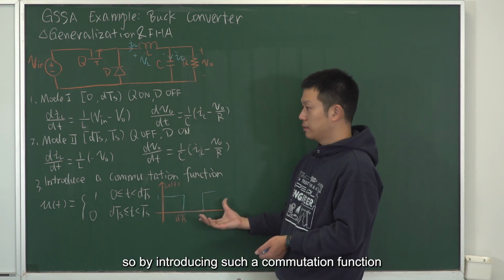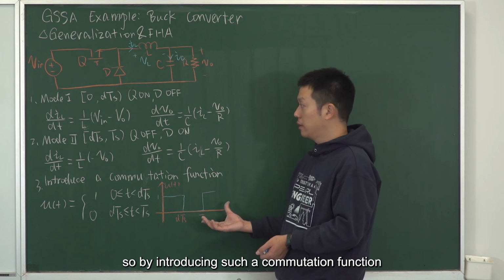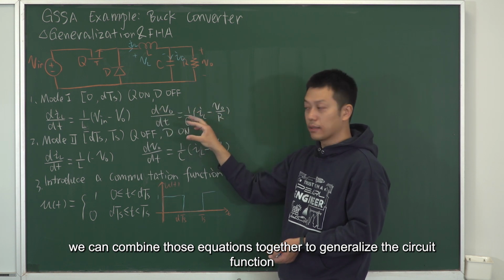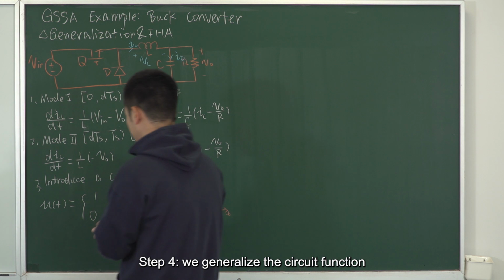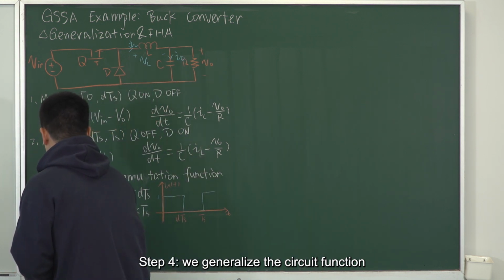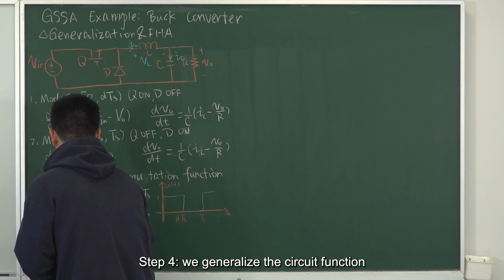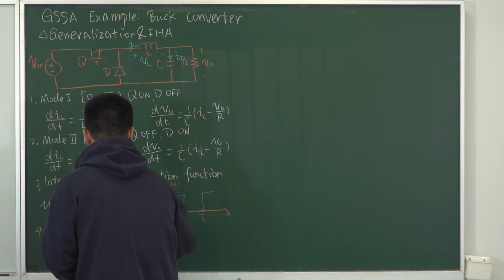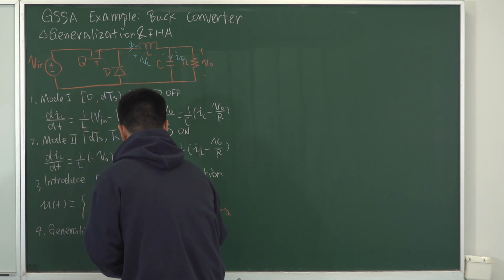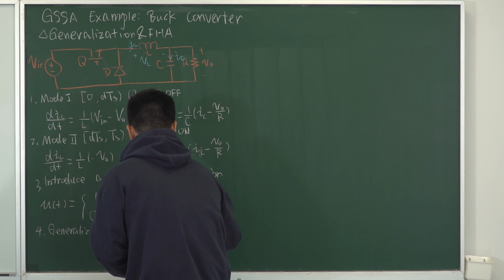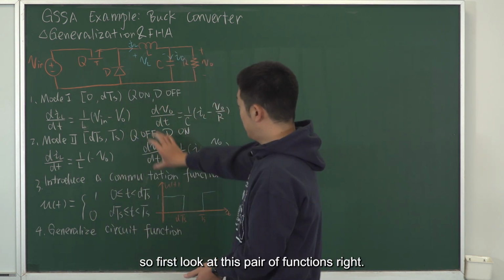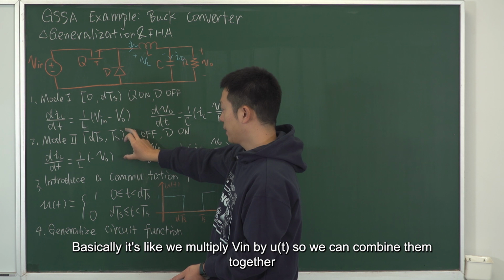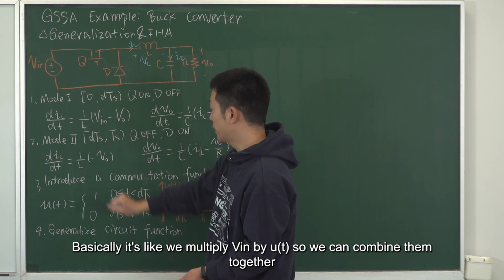So by introducing such a commutation function, we can combine those equations together to generalize the circuit function. So step 4, we generalize the circuit function. First, look at this pair of functions, right? Basically, we multiply Vin by u(t), so we can combine them together.